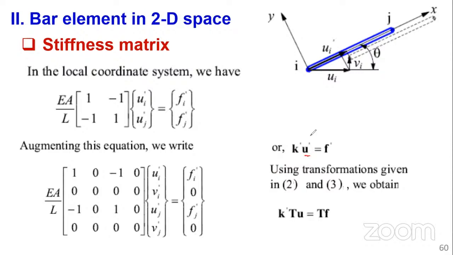U in the local coordinate system, U prime, is equal to the transformation matrix times U in the global. F in the local coordinate system can be transformed by multiplying with the transformation matrix, then that's global. So this is just what we have done.